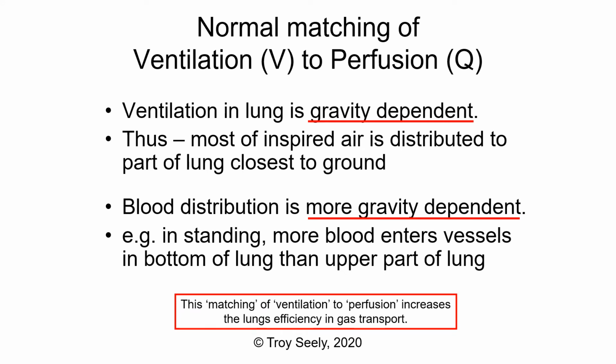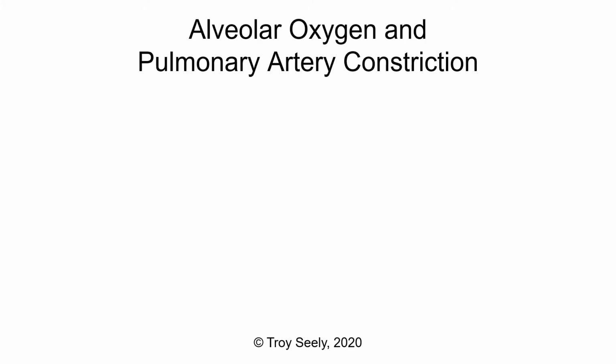This matching of ventilation to perfusion increases the lung's efficiency in gas transport. So we're looking at how effective that can be performed, and in a little bit, how that may change related to pathology. Now, how pulmonary arteries engage and interact with the alveolar tissue is not just static, they're dynamic.